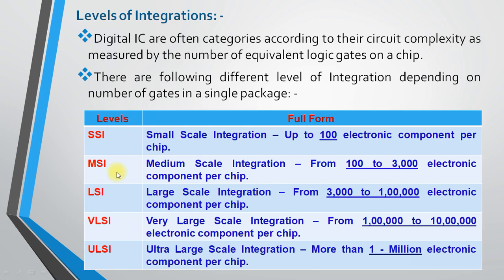The next is called medium scale integration, MSI, which gives you the facility to combine 100 to 3000 electronic components per chip. So this is the range which you need to mug up. Similarly, the full form is most important in the 1 mark question. So be careful.